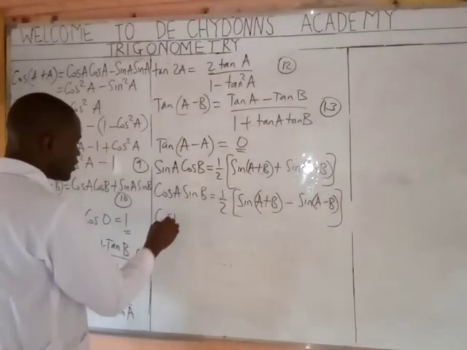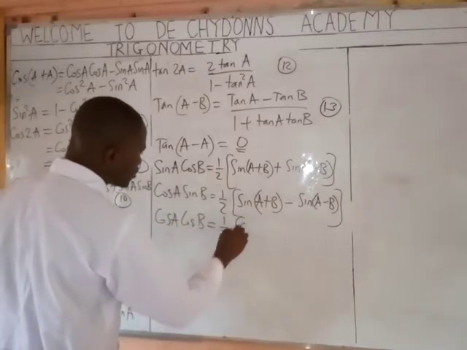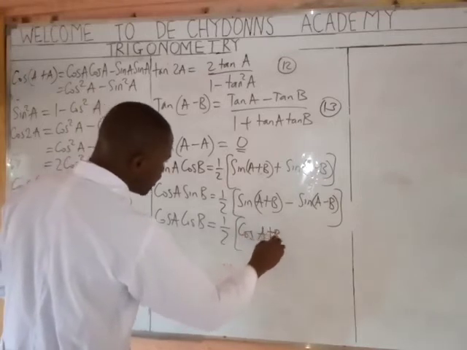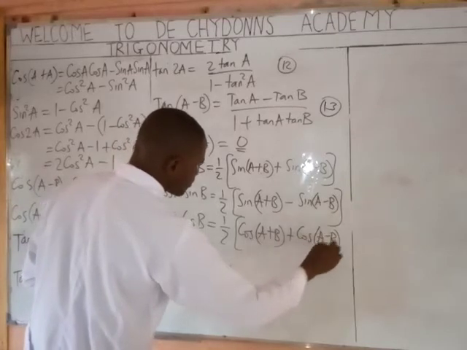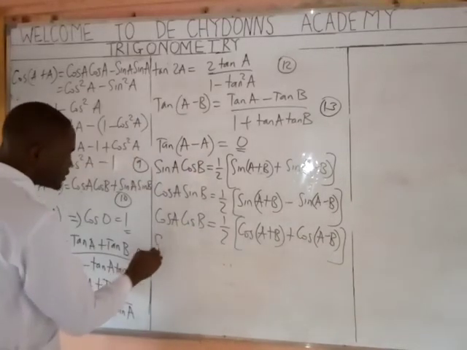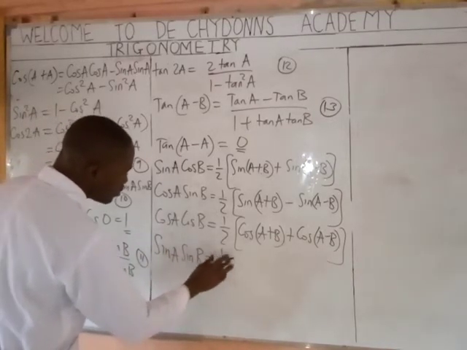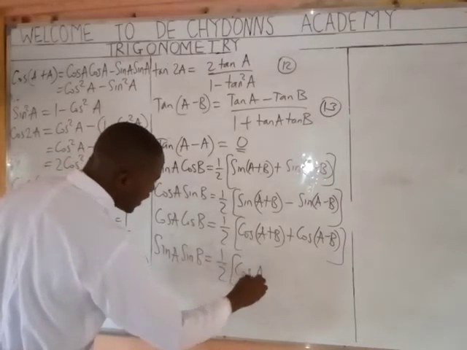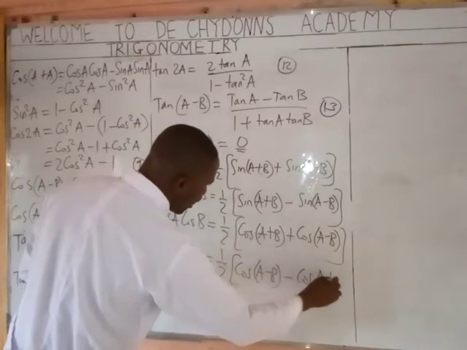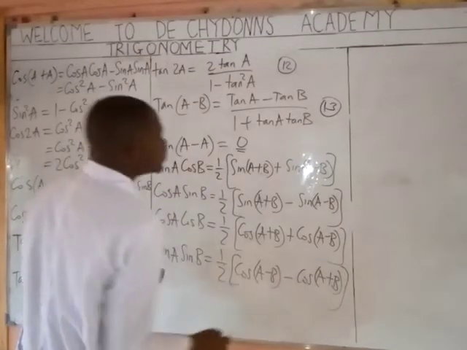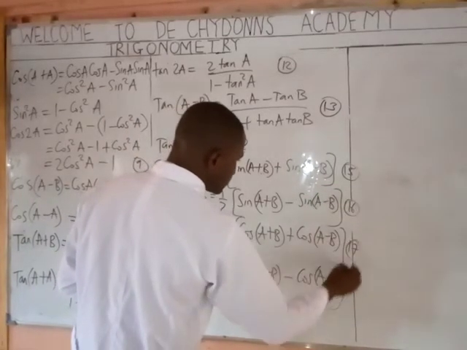Then cos A cos B is equal to 1 over 2 bracket cos(A plus B) plus cos(A minus B). Then sine A sine B is equal to 1 over 2 bracket cos(A minus B) minus cos(A plus B). So these are equations 15, 16, 17, 18.